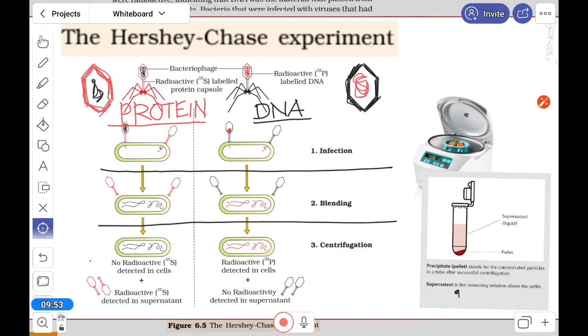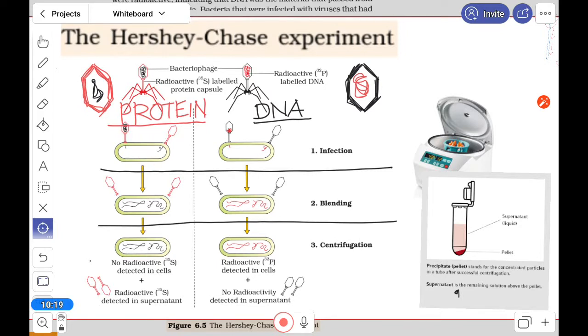There are three steps you can see in the book diagram I am using. Very clear steps: infection, blending, and centrifugation. First, the infection: we have to give time for the bacteriophage virus to infect the bacteria.